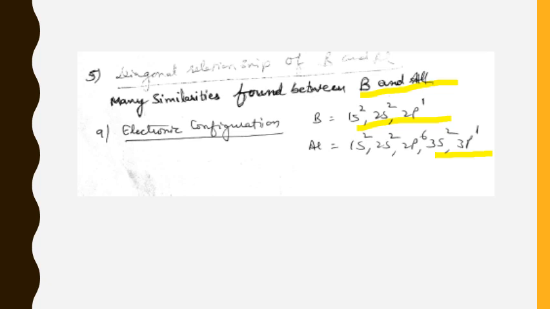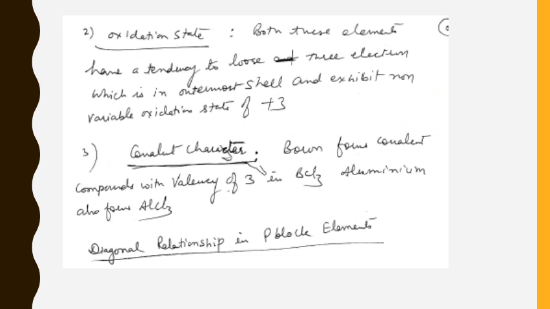Due to this, various similarities are found in boron and aluminium. The oxidation state is also very similar. The oxidation state is the tendency to lose electrons, and boron and aluminium have the tendency to lose 3 electrons, so the oxidation state is +3 for both. This is the similarity in the oxidation state, along with the similarity in the electronic configuration.